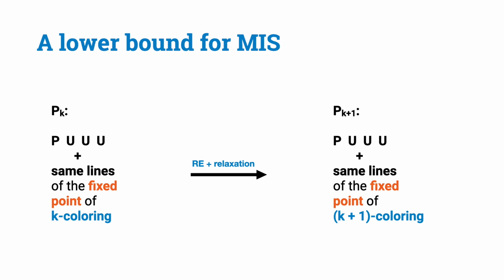Or in some sense, we embedded a proof of the fact that K coloring is hard inside the MIS problem. Curiously, by doing so, we obtain a problem satisfying that, if we apply round elimination, it does not grow exponentially, but gets just slightly larger, which allows us to exactly characterize its behavior under round elimination and prove a lower bound. So this is the whole idea of our approach.